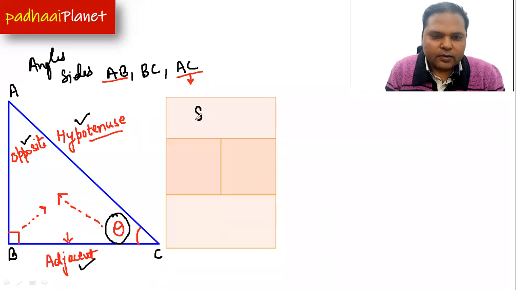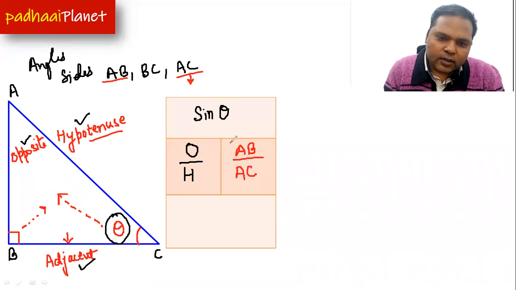Sine theta is equal to opposite divided by hypotenuse. From this triangle's perspective, the opposite is AB, divided by the hypotenuse, which is AC. This is the ratio, and this ratio is sine theta.